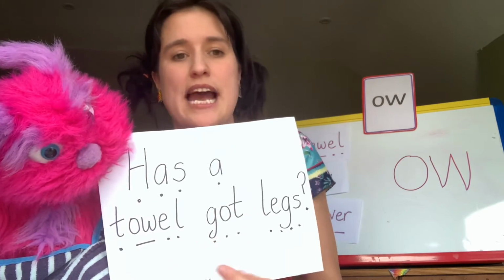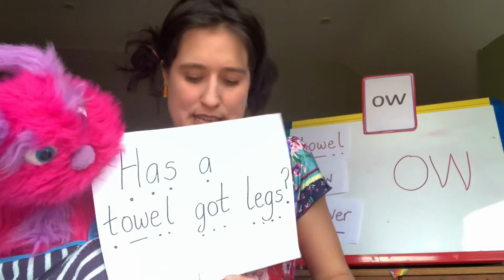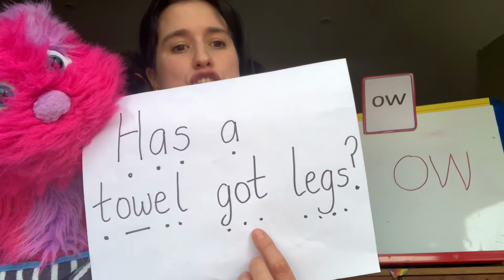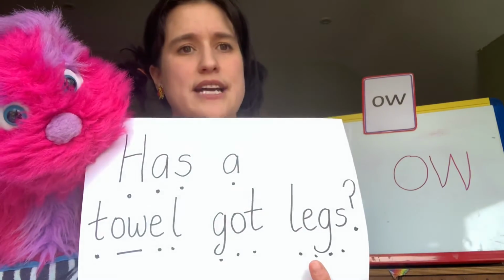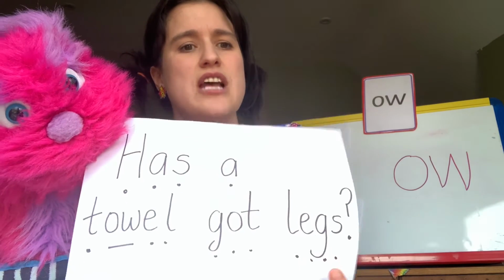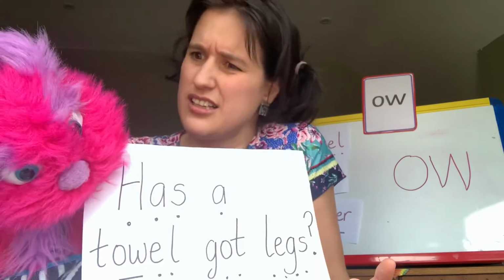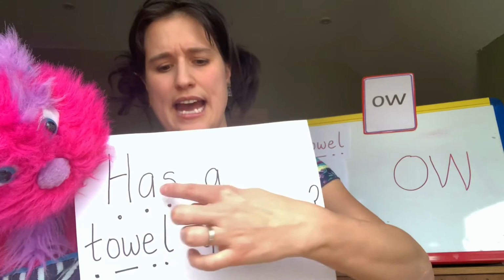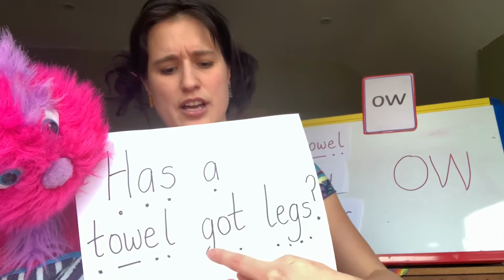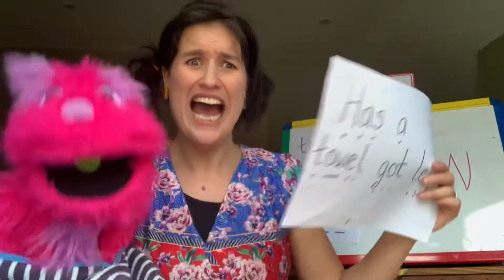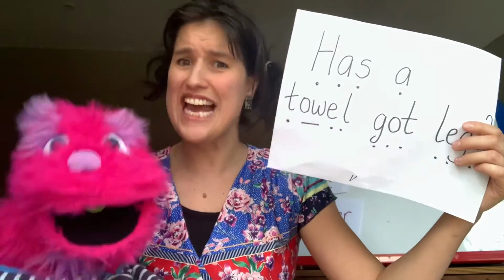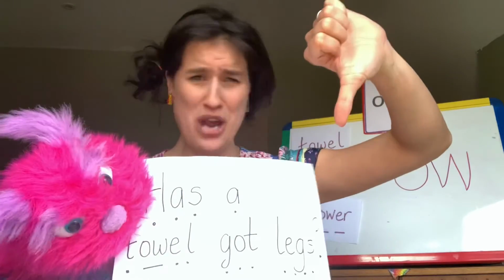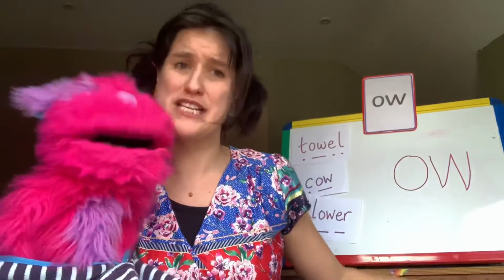So we read the word towel. The next word, got. Okay, last word. Legs. Right, we've got to this question mark. Let's read it again. Has a towel got legs? That is really, really ridiculous, Alfie. No, it doesn't. That is absolute nonsense.